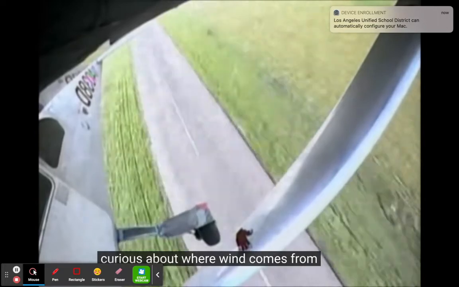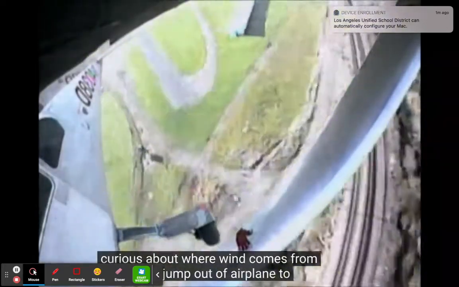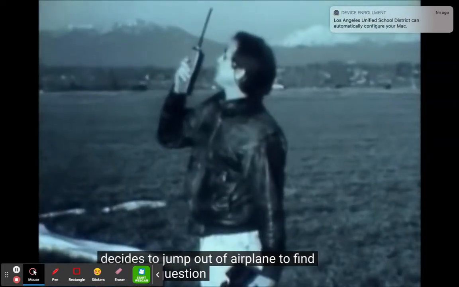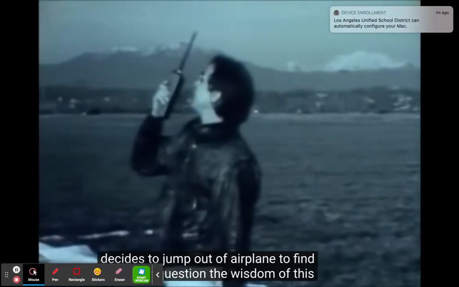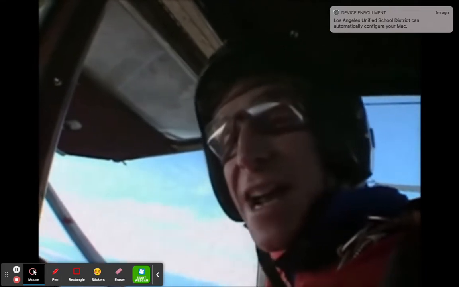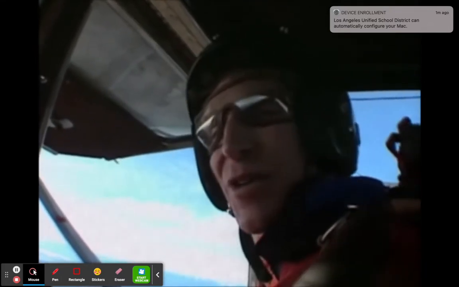The year is 1994. Science guy gets curious about where wind comes from. Decides to jump out of airplane to find out. Some question the wisdom of this move. Boy, this is one lucky guy. Hear that? It's wind! Wind is moving air! Wind makes weather! Wind can do work! It can blow things around!